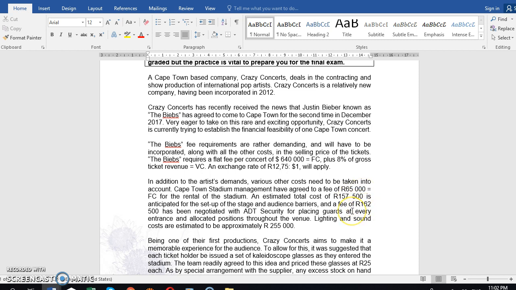This $162,500 that's been negotiated with ADT security is also a fixed cost because again it's not dependent on how many people attend. And then lighting and sound are estimated to be approximately $255,000. Again, it's not dependent on how many people are going to attend. So all the costs in this paragraph are fixed costs.